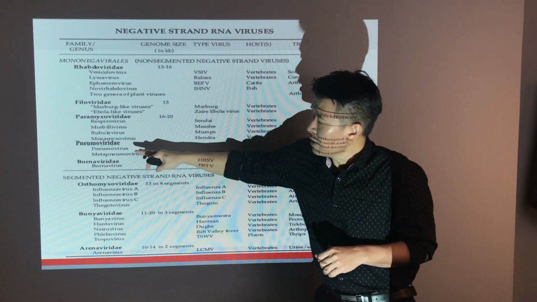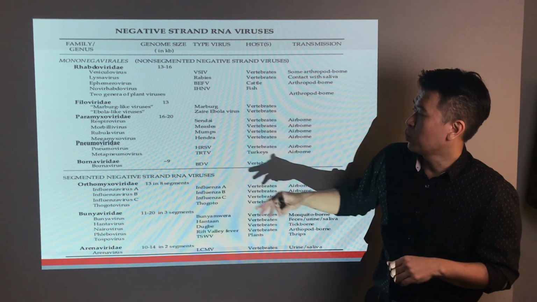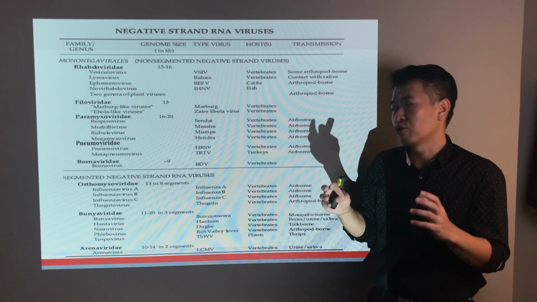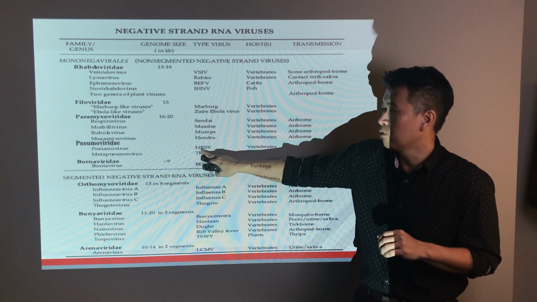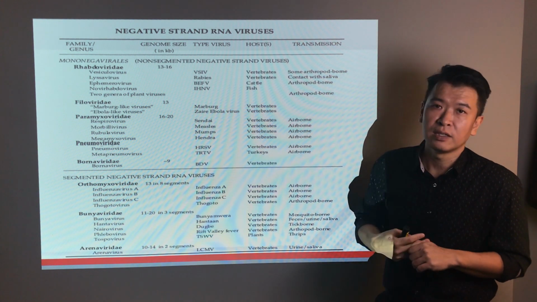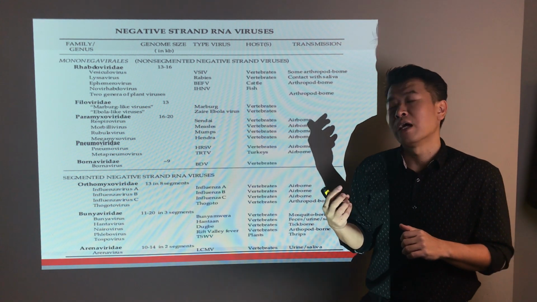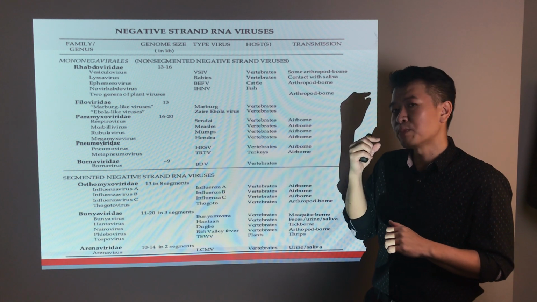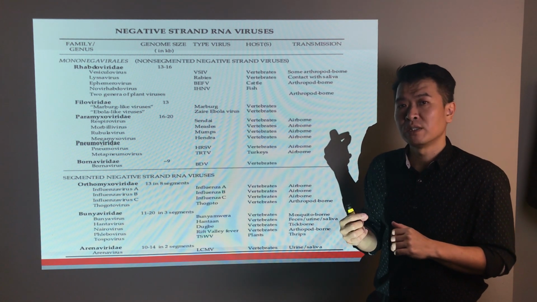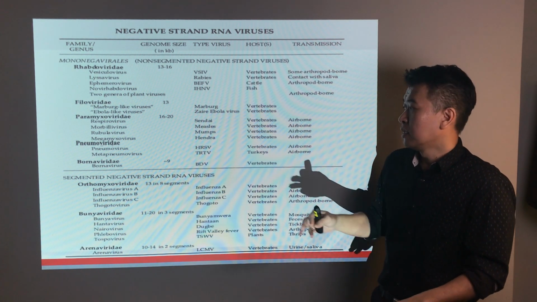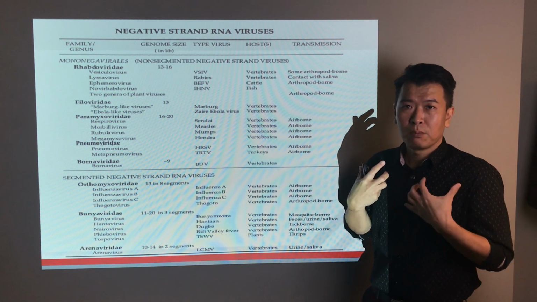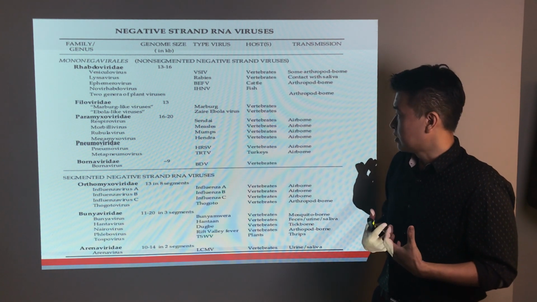Alright. Then the next family, Pneumoviridae. A good example is human respiratory syncytial virus. RSV is a virus that specifically infects very young children, and it causes respiratory disease in these patients.